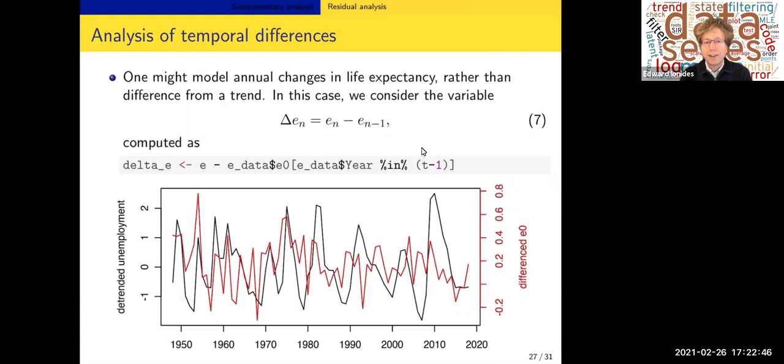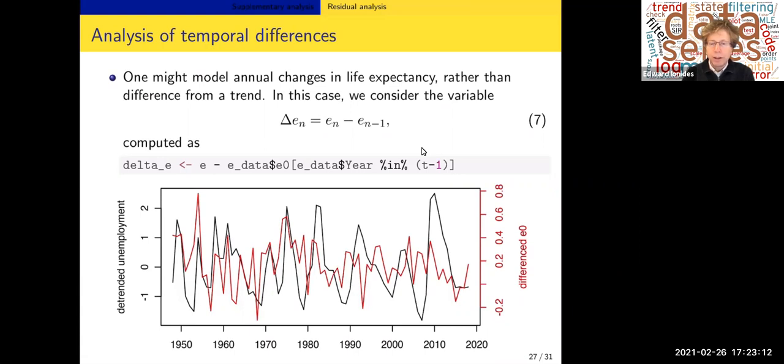Let's let delta E_n be E_n minus E_{n-1}, and then you can plot the difference life expectancy instead of the detrended. And I think you see that maybe there is a pattern, but it's not so clear as the detrended.